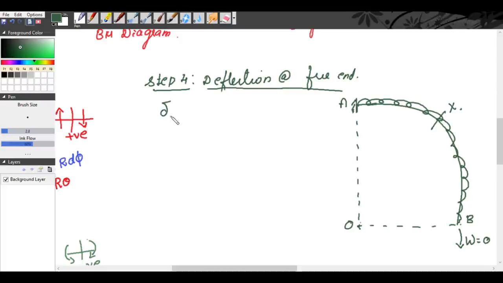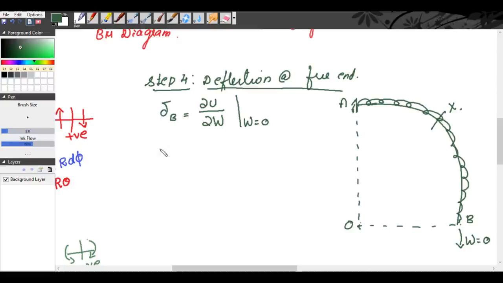We know the deflection at the free end will be equal to dou U by dou W. Finally, we will substitute W equal to 0.